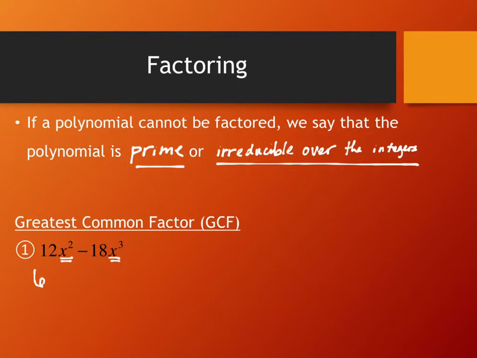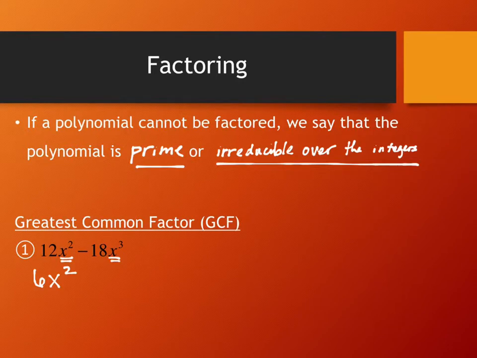So how many x's do they have in common? 2. Each of them has at least 2 x's in it, which means x squared is what they have in common. So if I were simply asked what's the greatest common factor, we would be done. The answer would be 6x squared.